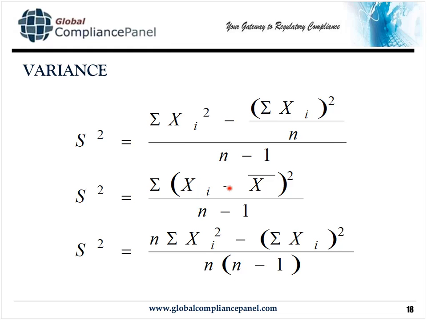The other thing that I want you to remember is you divide not by n, which is the number of x's that you threw into this average. This n minus 1 is what is called the degrees of freedom.